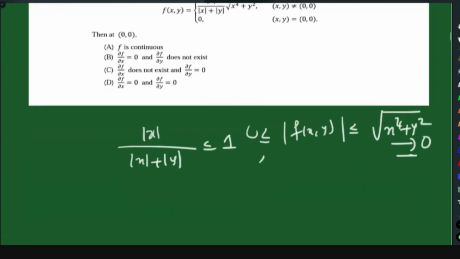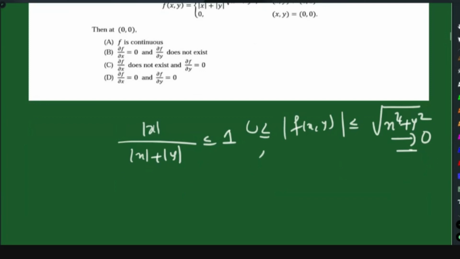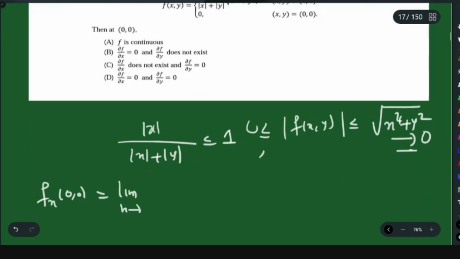You look at this fx at (0, 0). By definition, it is limit h tends to 0 of f(0 plus h, 0) minus f(0, 0), divided by h.